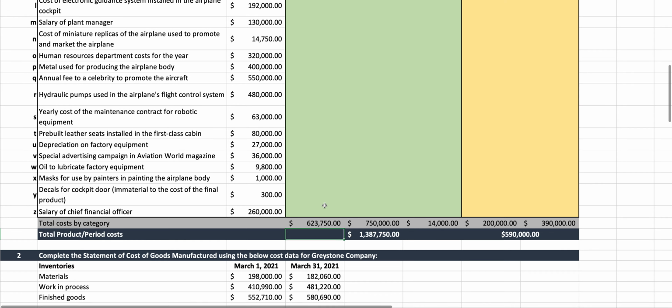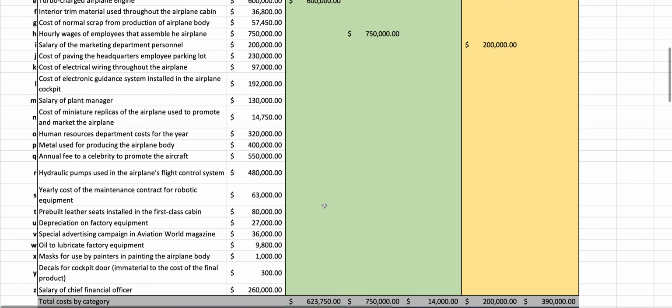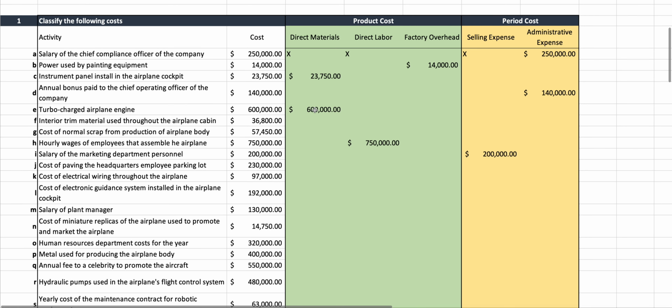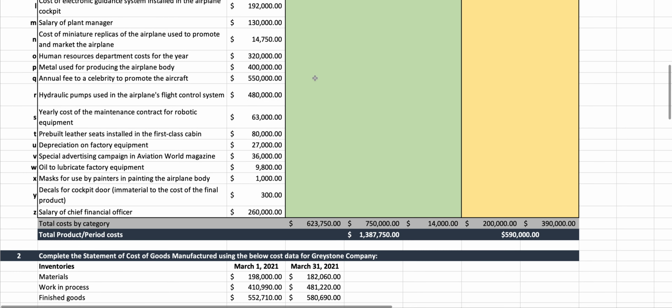But at this point, it's $623,000, and it's picking up these two numbers, right? So we get to see at the very bottom how much our direct material cost is, our direct labor, our overhead, our selling expenses, and our administrative expenses.